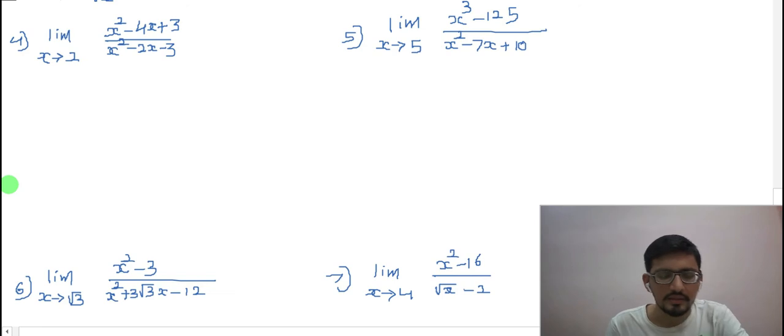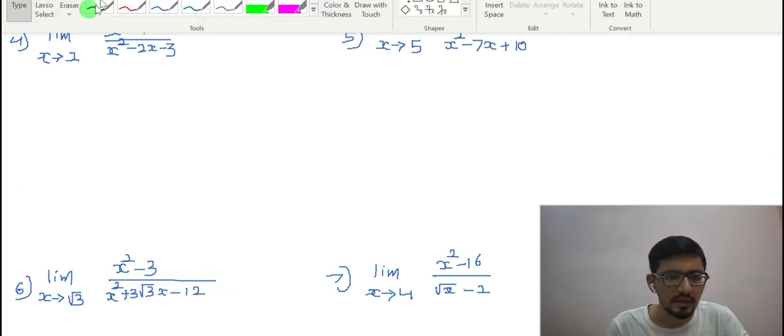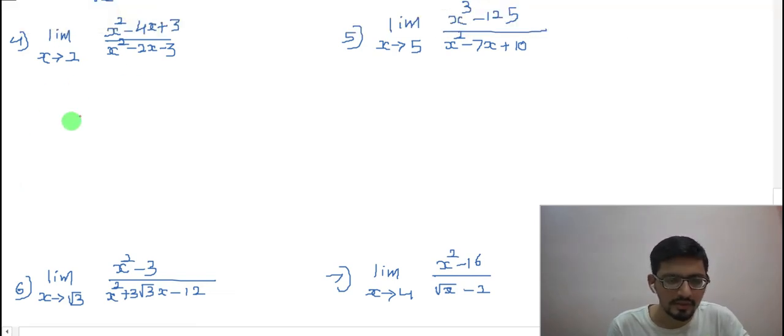Now you can see example number 4. Here the direct substitution method may work, so we will check that first. If you keep x equal to 2, 2 square is 4, and in the denominator there is minus 3. So the denominator is coming a non-zero quantity, which means the direct substitution method will work very nicely.